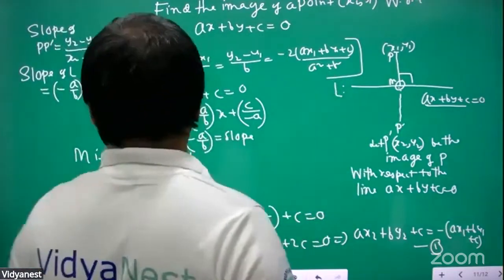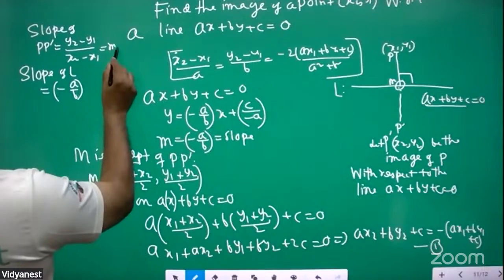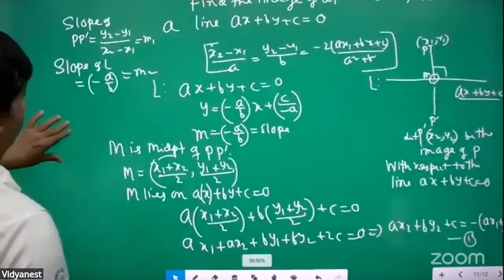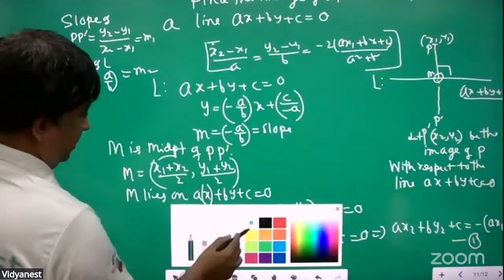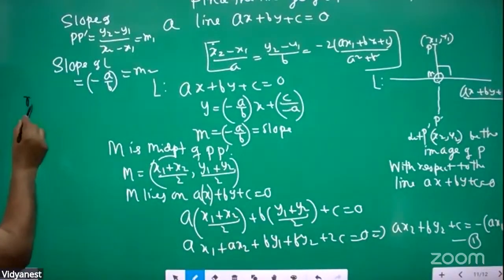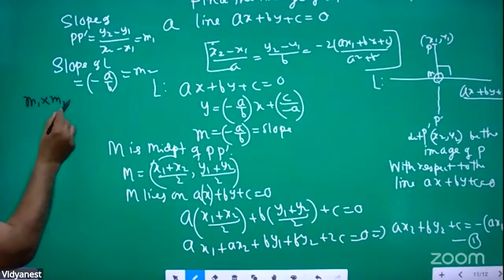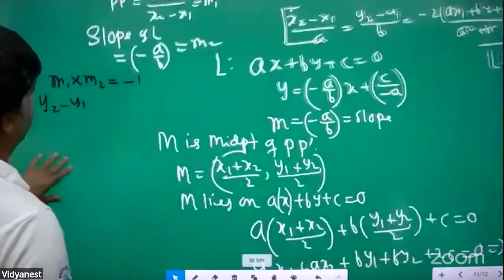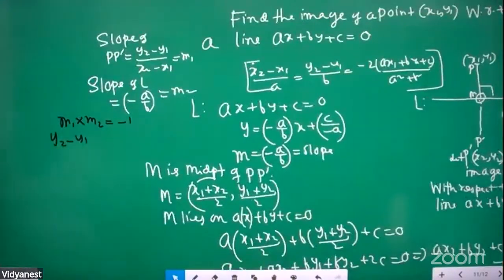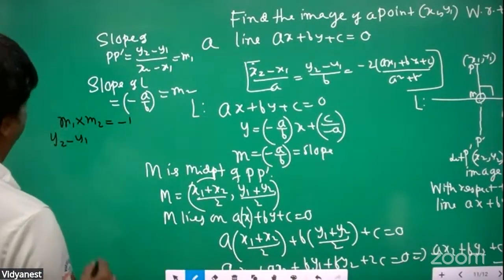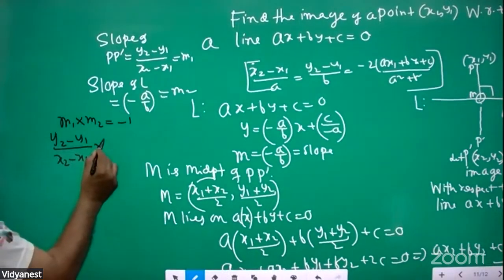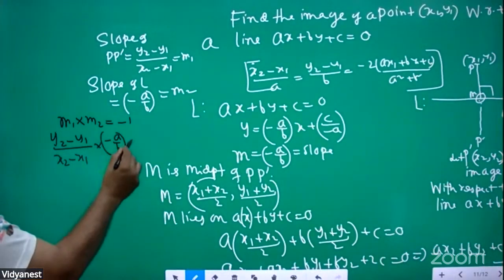Now, how are these two lines related? They are perpendicular to each other. This is M1, this is M2. We can write M1 into M2 is minus 1. So y2 minus y1 by x2 minus x1 into minus a by b is minus 1.